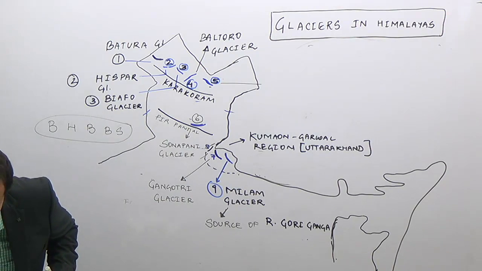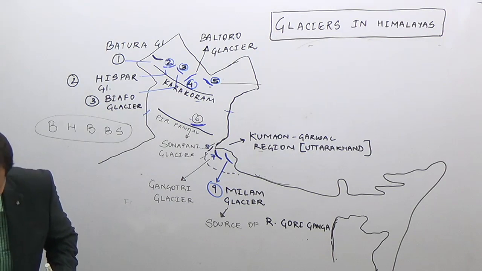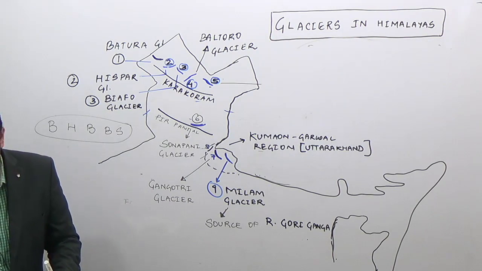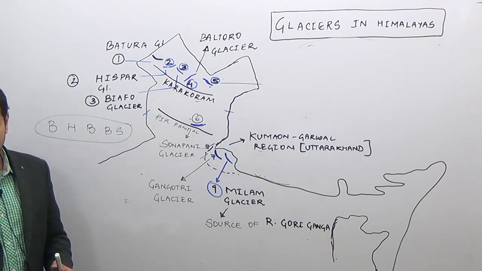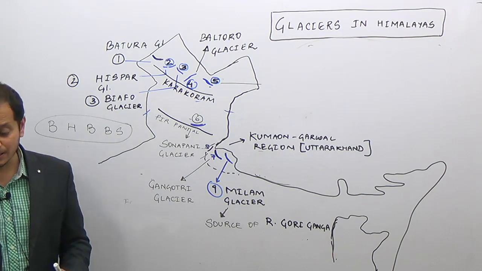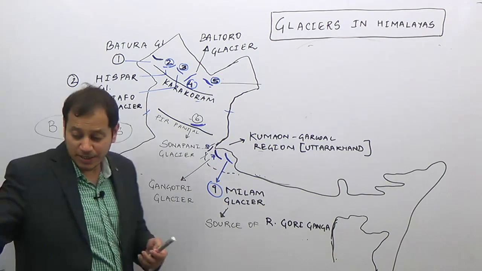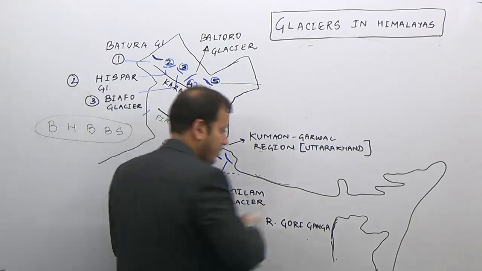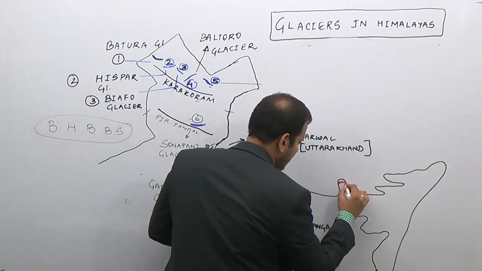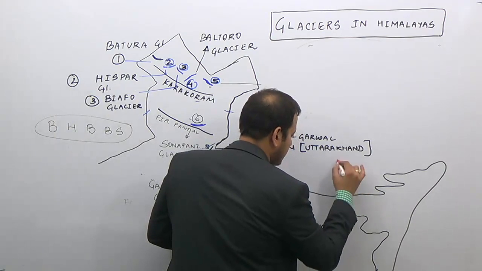northeast of India. The first important glacier here in the northeast of India is the Zemu Glacier in the state of Sikkim.